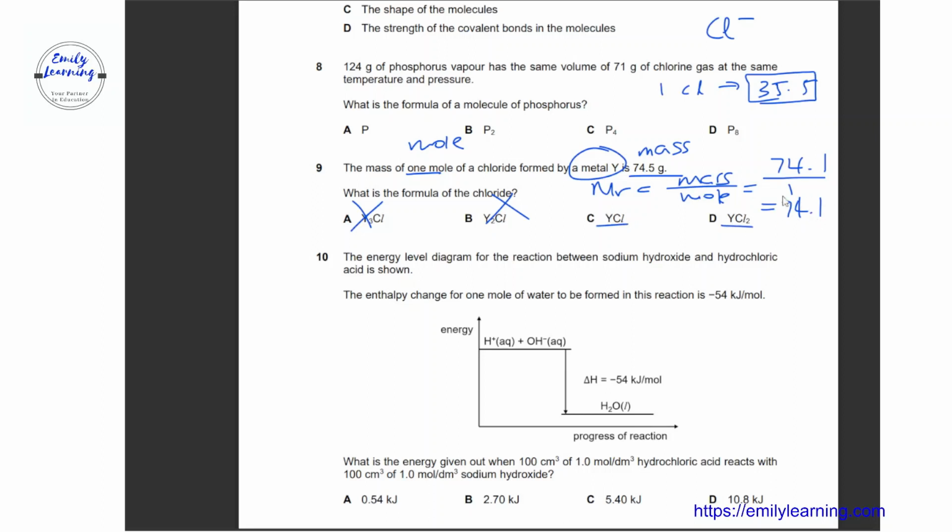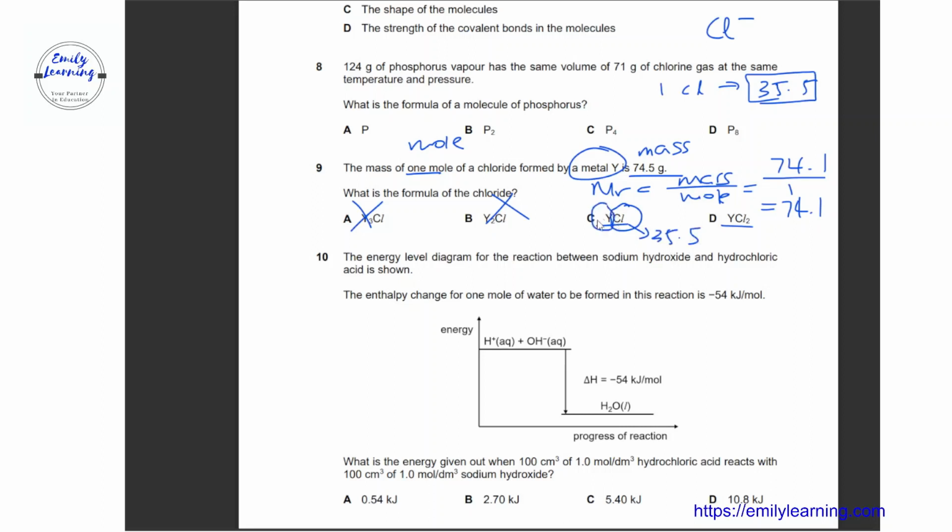We know that the total MR is 74.1. So now let's take a look at Cl. Cl has an AR of 35.5.